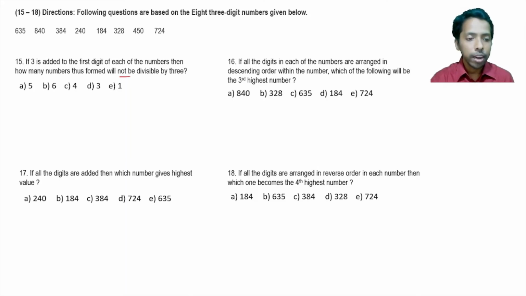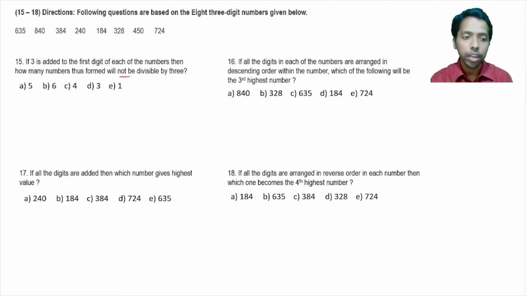Even if I add 3 to the first digit, I will not add it but rather check whether the number is divisible by 3 or not. If this number is divisible by 3, then after adding 3, that number would also be divisible by 3. So there is no importance of adding this 3 at this stage.